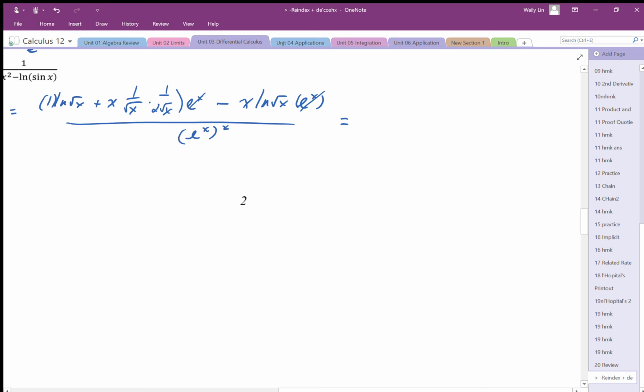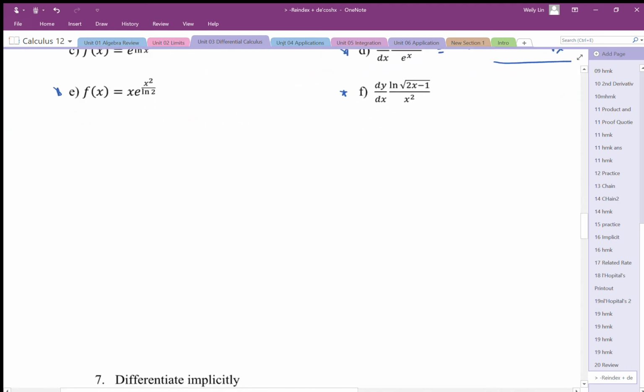So we end up with log root x, so I'm going to go 1/2 x. The x's cancel, so we end up with root x in the denominator. So it's going to be plus 1/2 minus, and I'm going to factor out that 1/2 log x, and that's all over e to the x. Again, you can group some things together if you like.